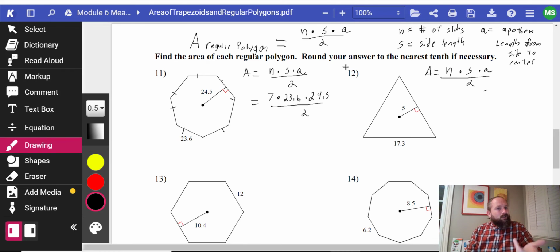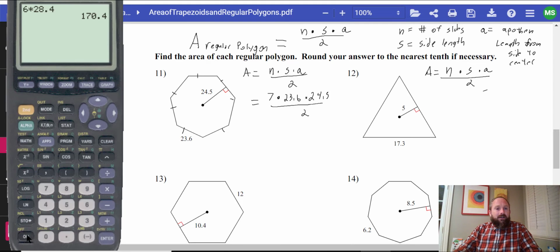Now, this is the work you need to have in order to solve this problem. But I'm not expecting you to actually multiply these in your head or even do it on your paper. You just have to write it and then get out your handy dandy calculator and go 7 times 23.6 times 24.5 and hit enter.